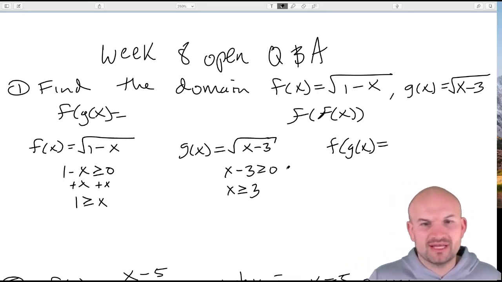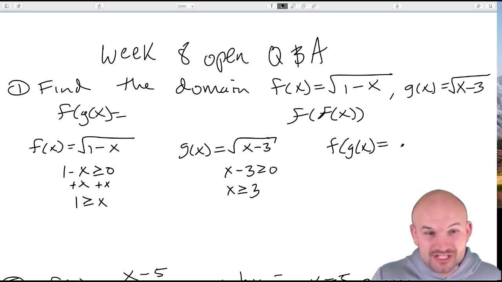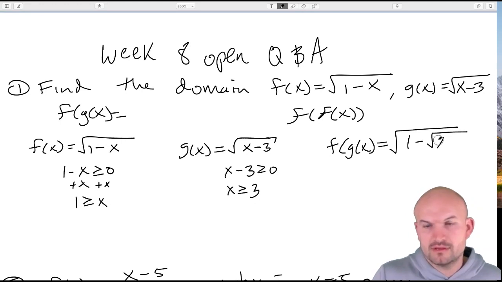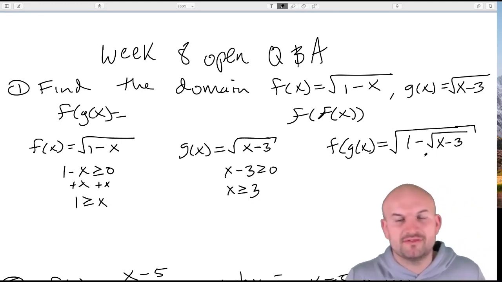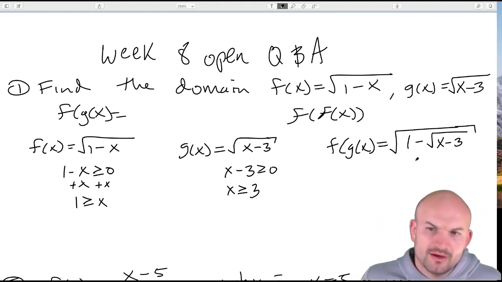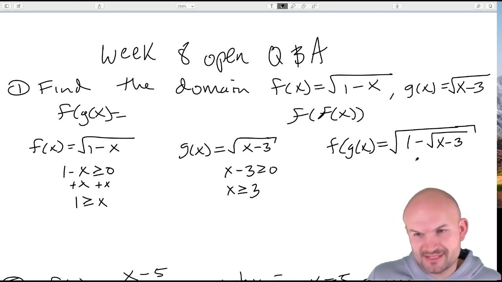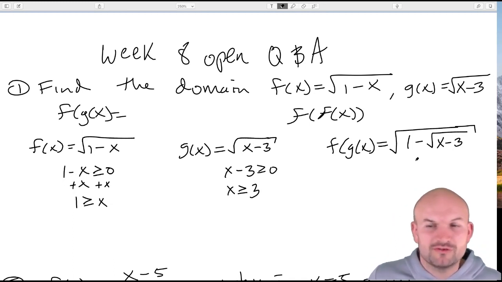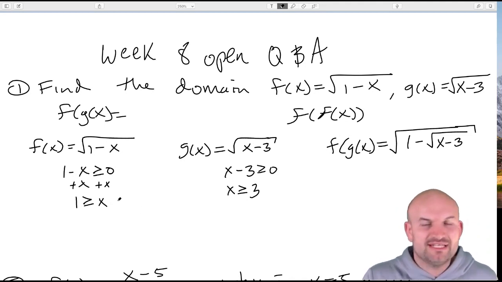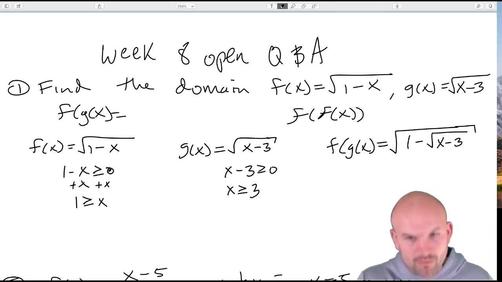So when we plug in the square root of x minus 3 into this function, we're going to have 1 minus the square root of x minus 3. So now we basically need to figure out the domain of this value, which, given x greater than or equal to 3, is going to be the intersection, which again I would need to set up as an inequality.